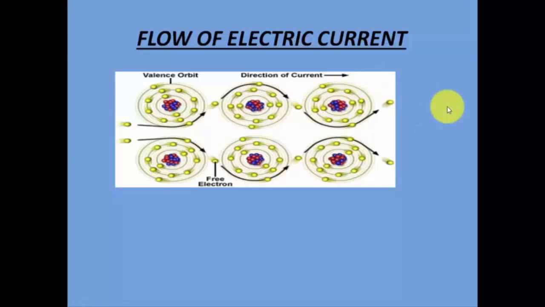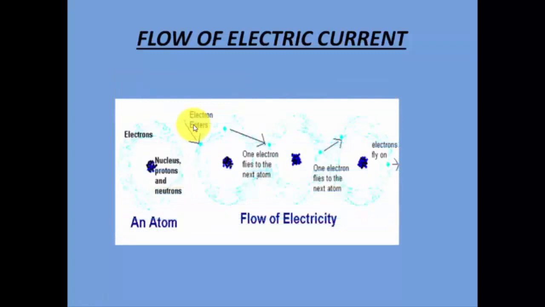Why is it that only this particular electron moves and not the rest of them? That is because this is a loosely bound electron, so it is easily transferred onto another atom. This is the way that the electrons flow, and this makes the electric current flow, because the flow of electrons is ultimately the flow of electricity.